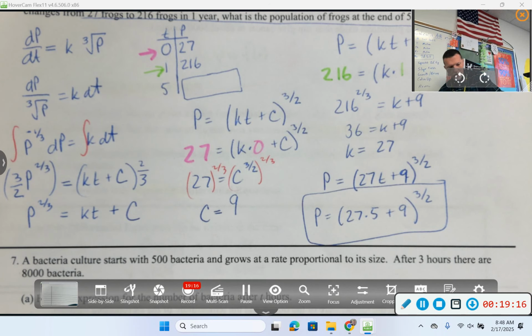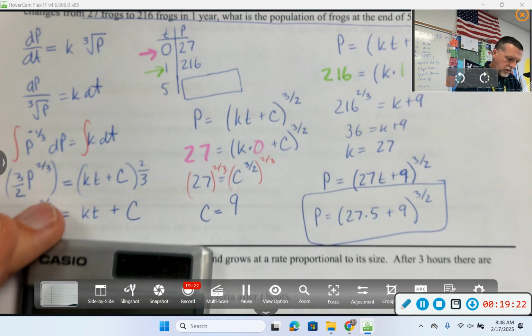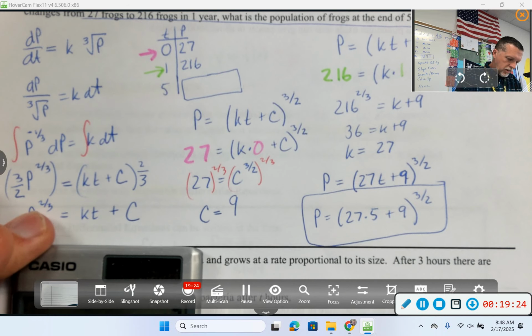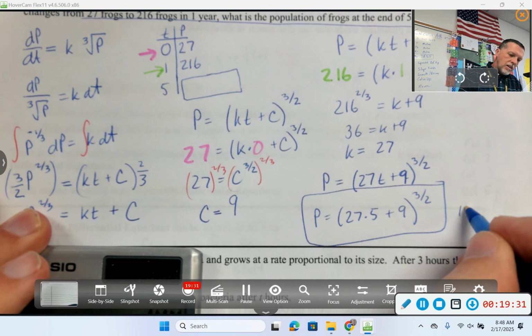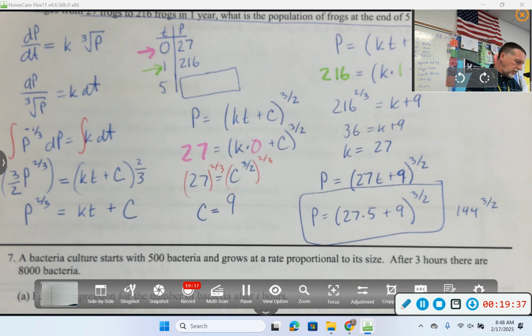Unless you had a calculator, because I don't know what that number would be. Not very nice. 27 times 5 plus 9. So it's 144 to the 3/2. Square root of 144 is 12, and 12 cubed. I don't know what 12 cubed is.